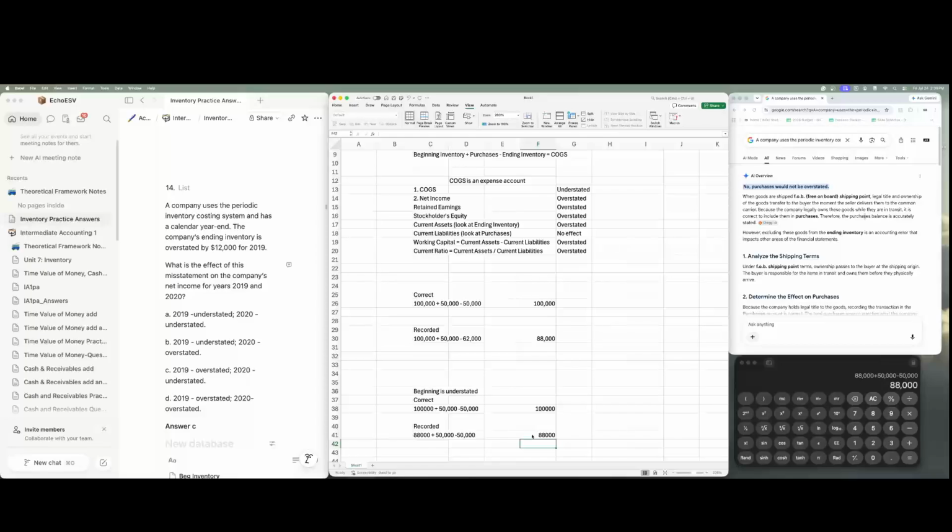The cost of goods will also be understated. So both years will be understated.